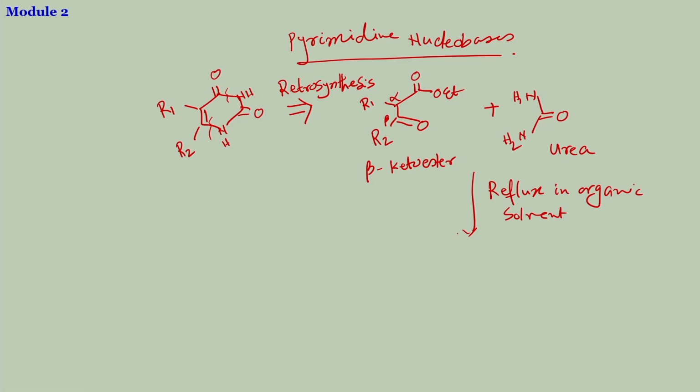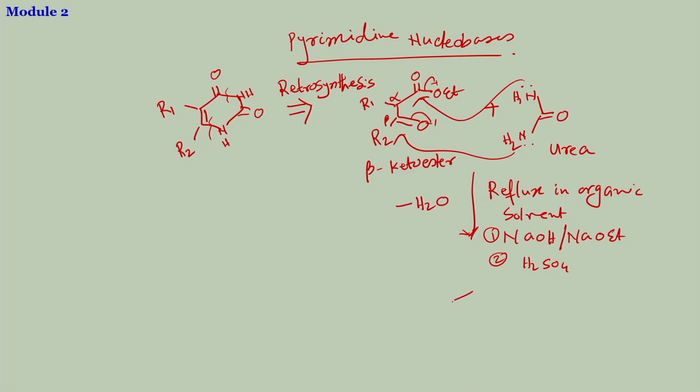You have to heat it up at reflux condition, in presence of strong base, either sodium hydroxide or ethoxide, followed by, sometimes it takes strong acid also, H2SO4, then you get the fusion product. You have seen that this is basically a nucleophilic substitution reaction, and this one was basically a condensation reaction. There will be OH and then followed by dehydration. So it will lose one water molecule and give you the desired product.